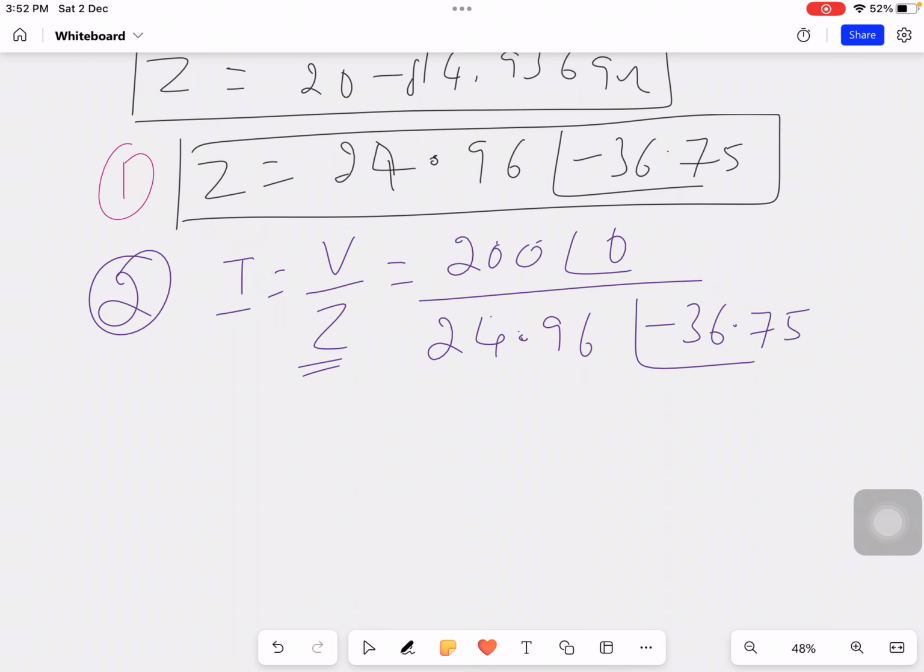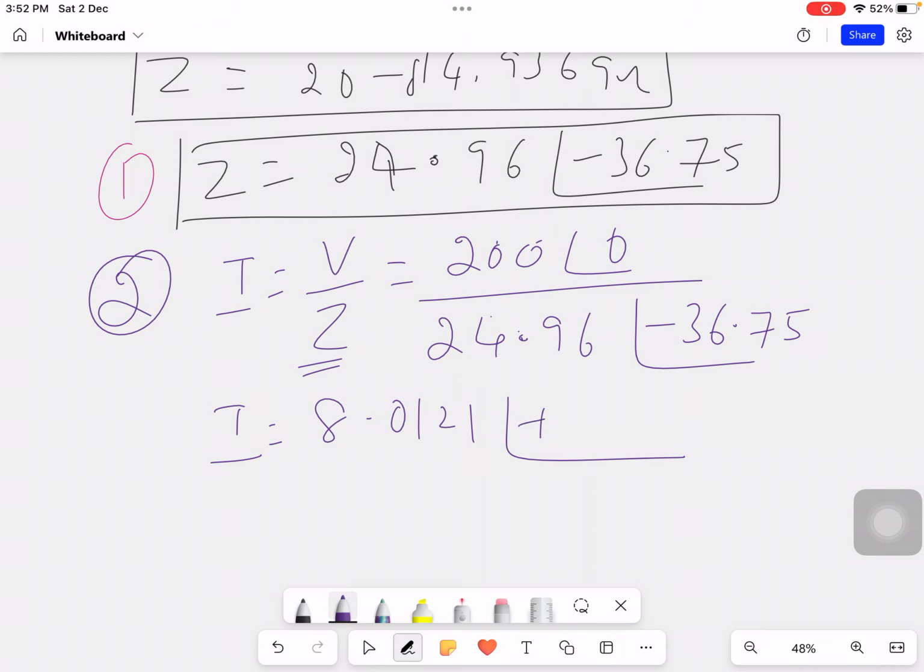When you take this angle to the numerator, this angle becomes 0 plus 36.75. So 200 by 24.96 will be around I is equal to 8.0121 at an angle of plus 36.75. Why? This goes to the numerator, so it becomes positive. This is the value of I. This is the second bit.